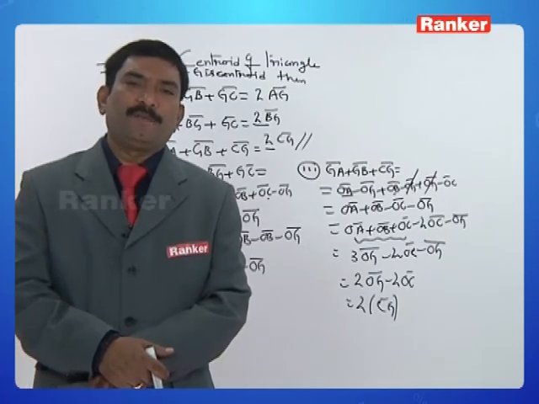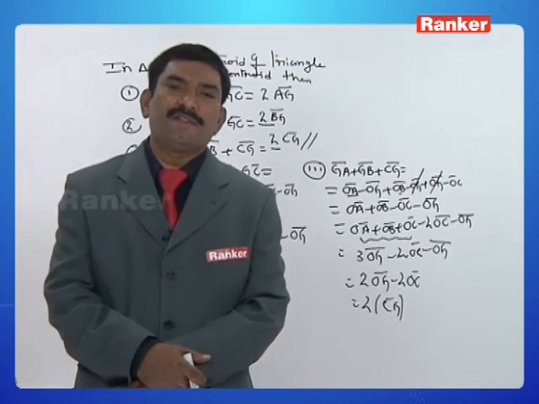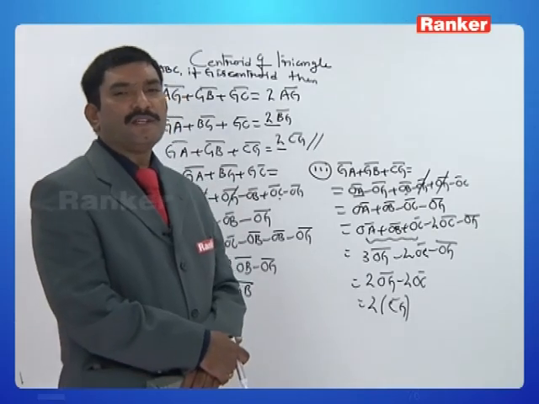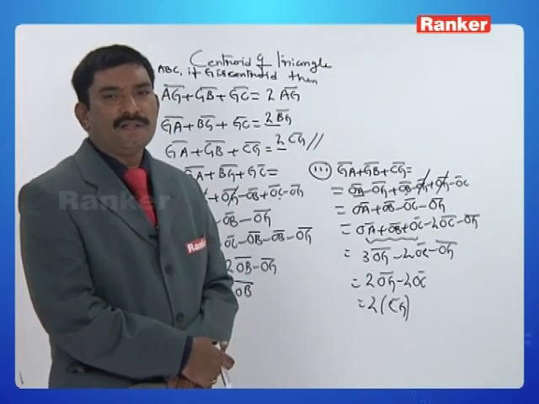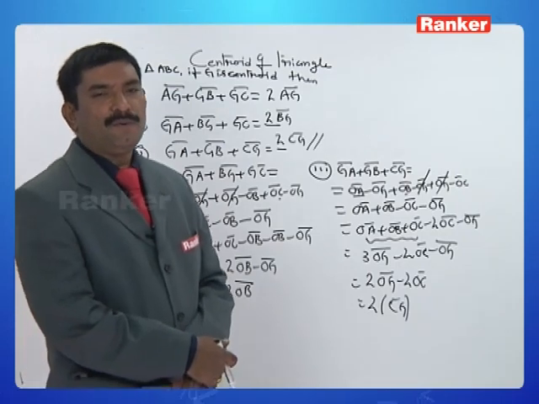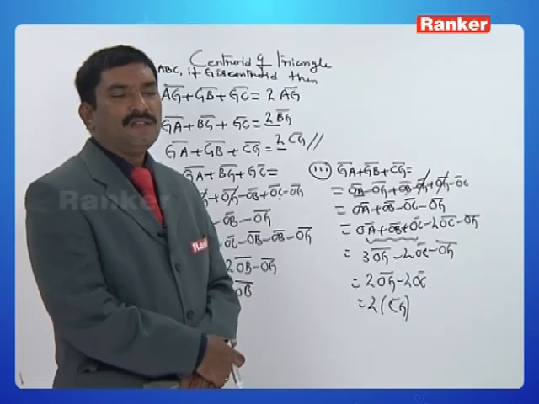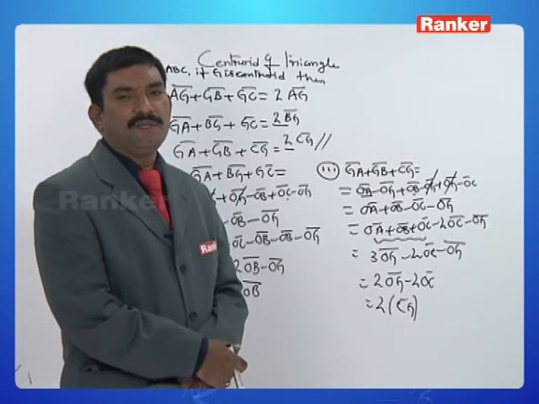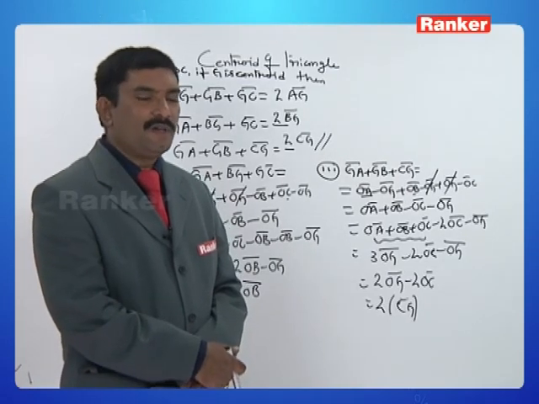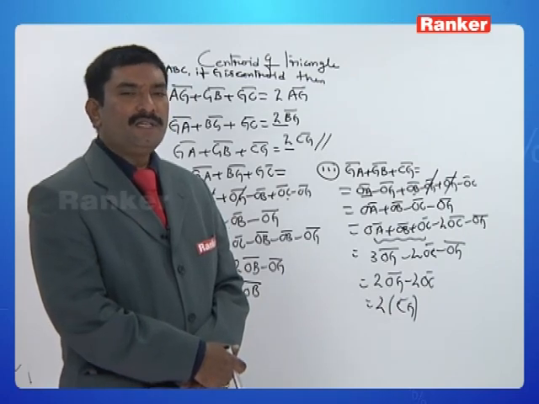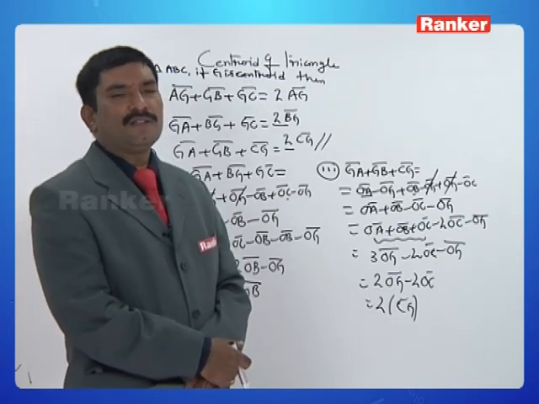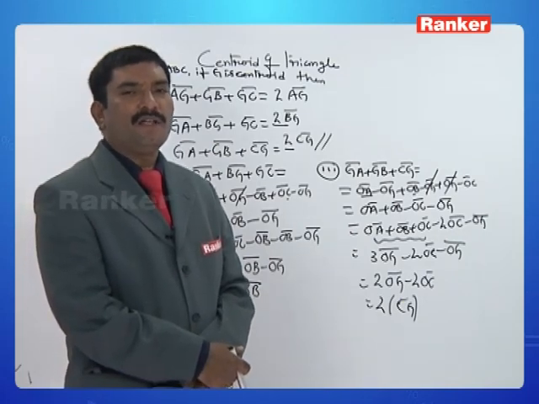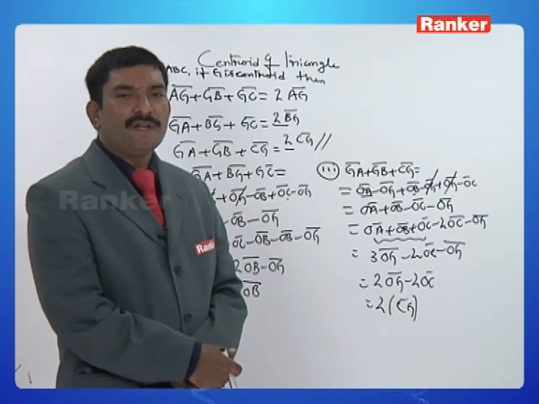These are the corresponding results of what? The results on the centroid. Yes, we have proved that 3 into ZZ dash is equal to AA dash bar plus BB dash bar plus CC dash bar, where Z and Z dash are the centroids of the two triangles ABC and A dash B dash C dash.